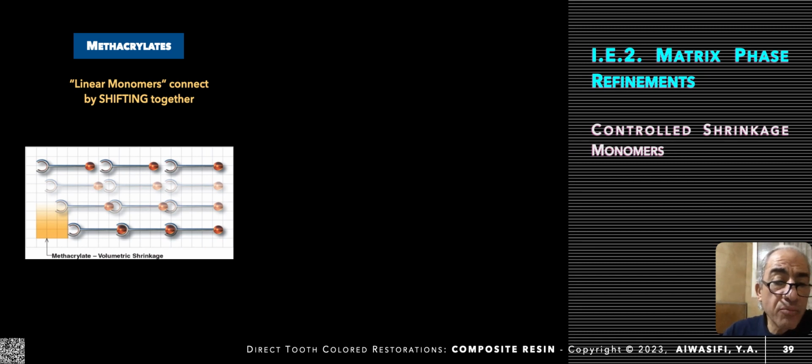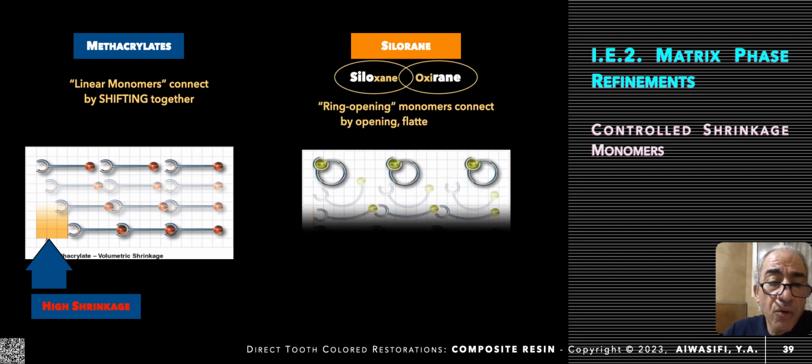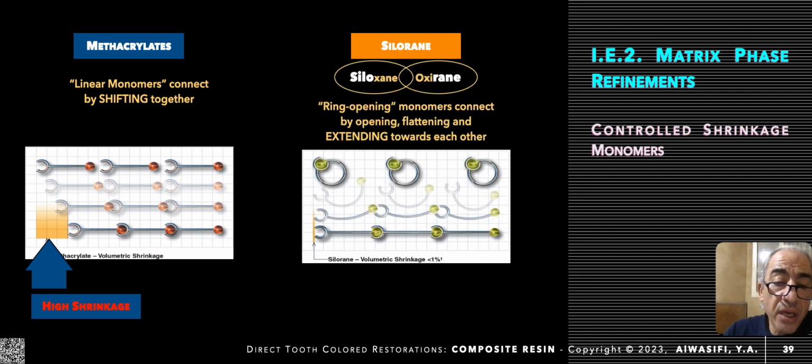This is the linear monomer, which connects to each other by shifting. These are the monomer molecules, just as you see, shifted relative to each other, leaving this area of volumetric shrinkage. While they mixed silorane with oxirane, which is terminated by a ring molecule.